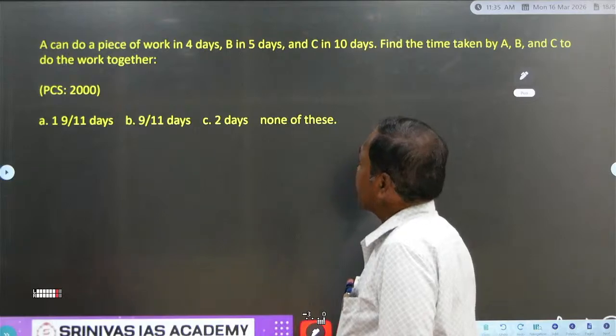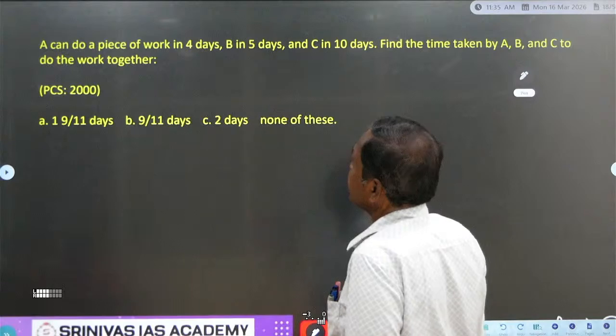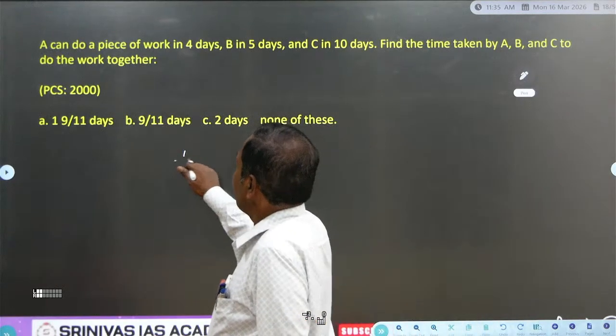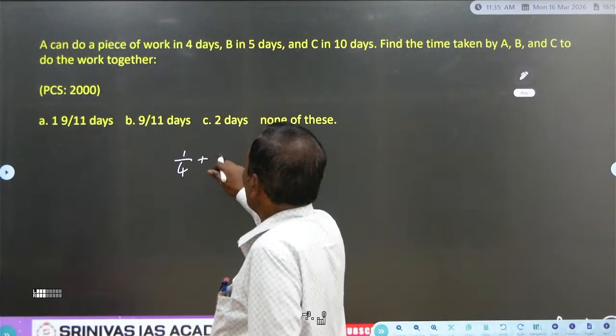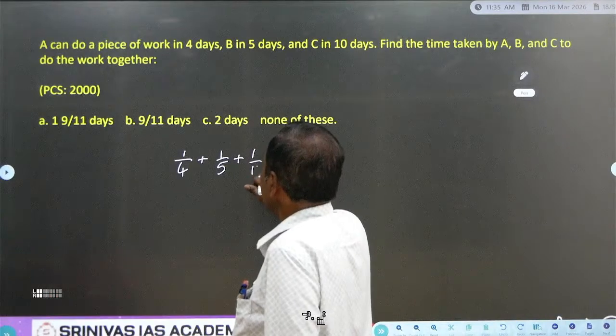A can do a piece of work in 4 days, B in 5 days, and C in 10 days. Find the time taken by A, B, and C to do the work together. Again the same thing. 1 by 4 plus 1 by 5 plus 1 by 10.